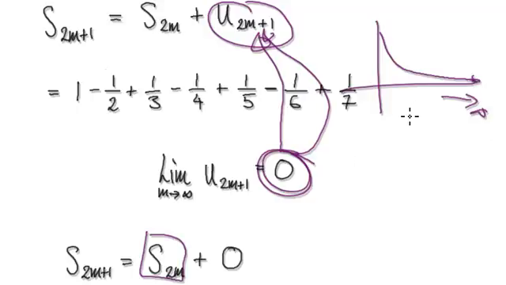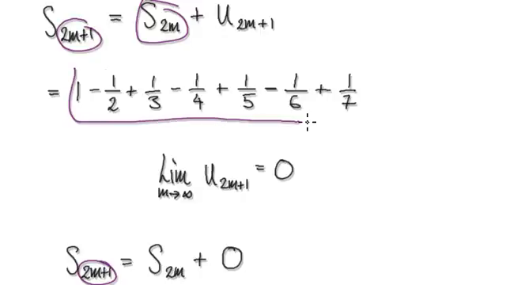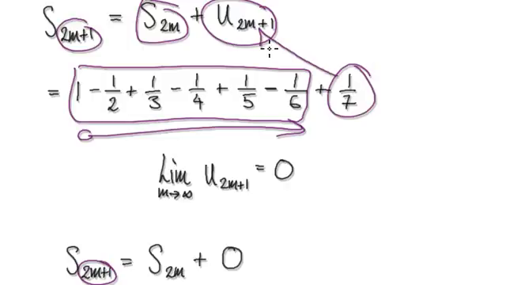It won't be precisely 0, but because you're taking the limit as m tends to infinity, you've got to consider it as 0. So for an odd amount, you sum up an even amount first, and then you've got your last term, which as m tends to infinity is going to be 0.